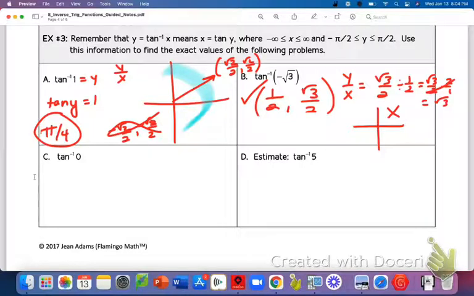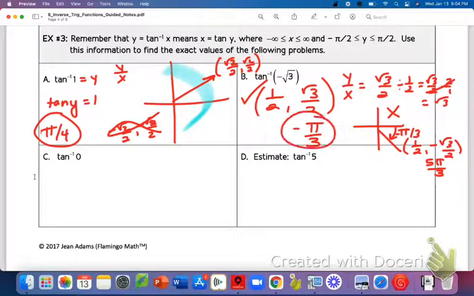So now going to my unit circle, I'm looking for 1/2 and root 3 over 2. It's going to have to be a positive 1/2 and a negative root 3 over 2, which puts me down at 5 pi over 3, not between negative half a pi and pi over 2. So that means I have to get the negative version of it. How many more thirds do you need to make to get to 6/3? But give the direction, so negative pi over 3.